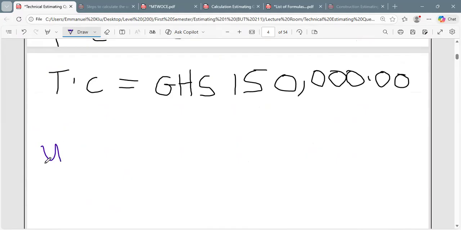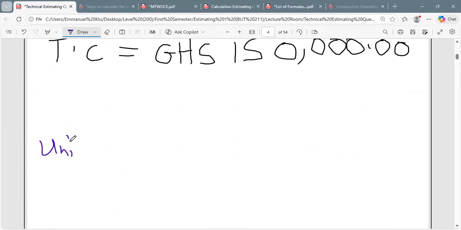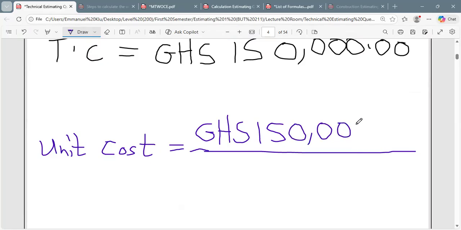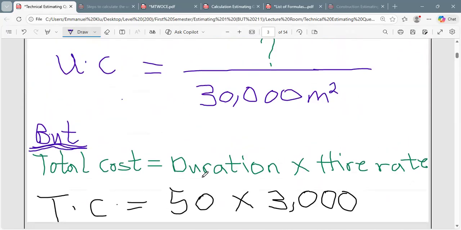Now our unit cost, or TC, can be said to be equal to 150,000 all over the total quantity.